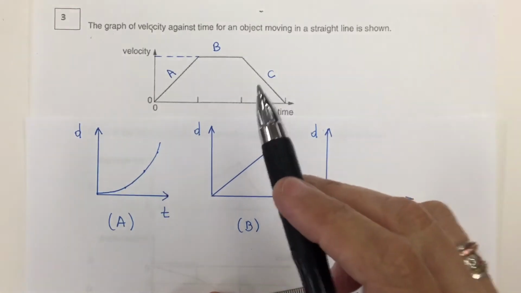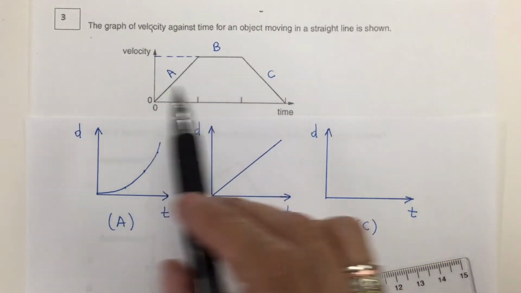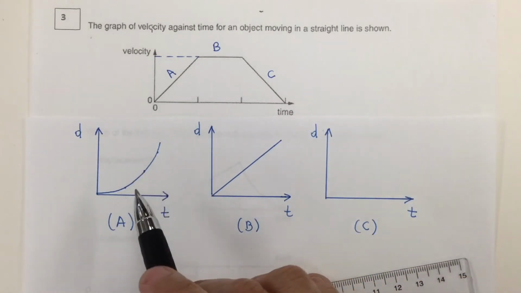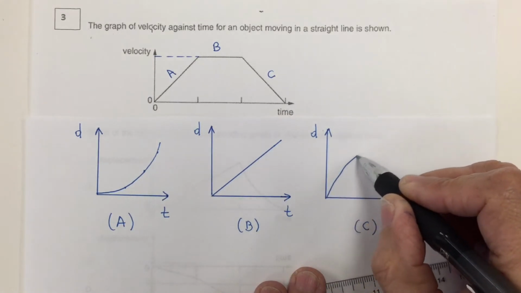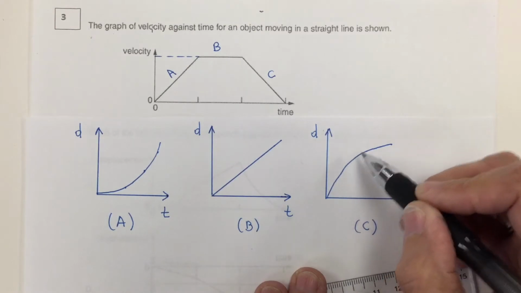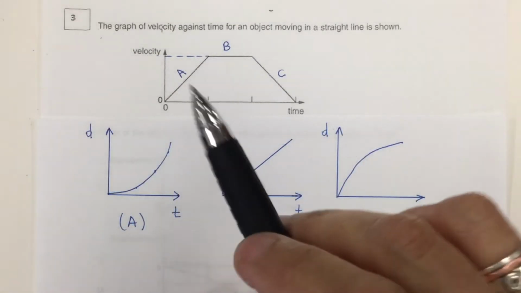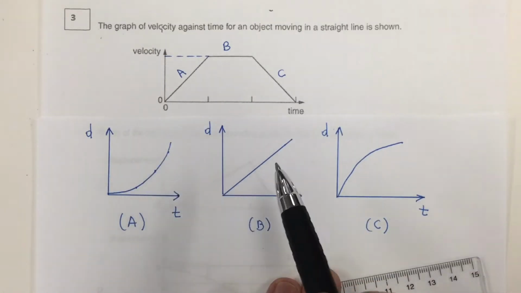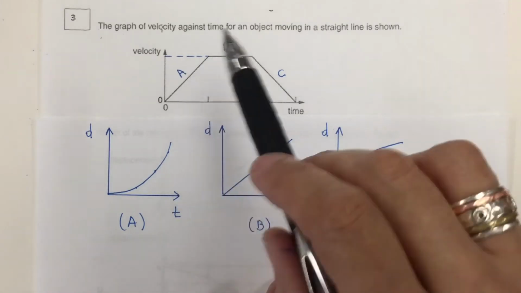For section C, the velocity is decreasing over time, which means it will be a curve, however, a curve with a decreasing slope. Now we need to find a graph that includes all those three variations that correspond to each transition.